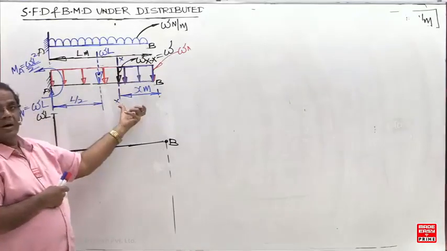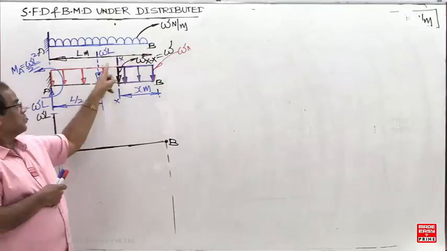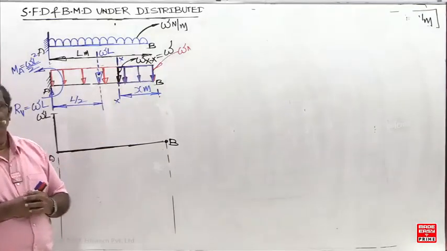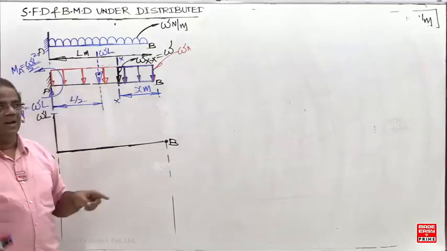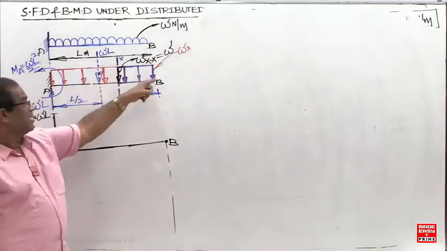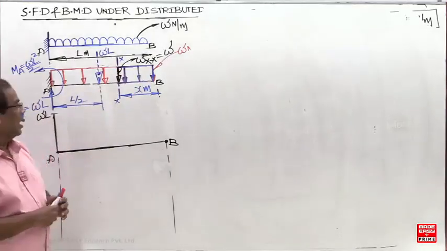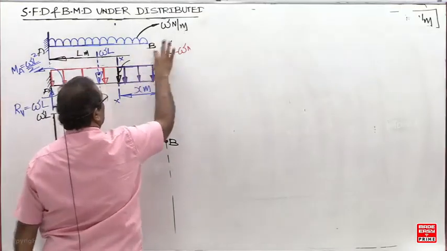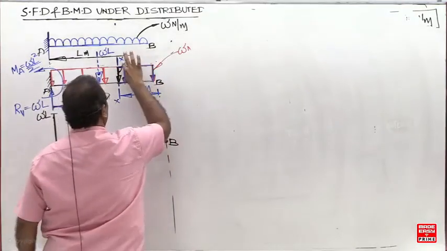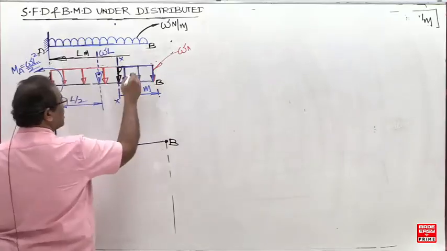Height is W, length is x. So what is this total load now? Wx. Whenever there is a distributed load, first you find out the total load. So what is the total load? W into x. And where are you going to get the centroid? Centroid is here now, exactly.